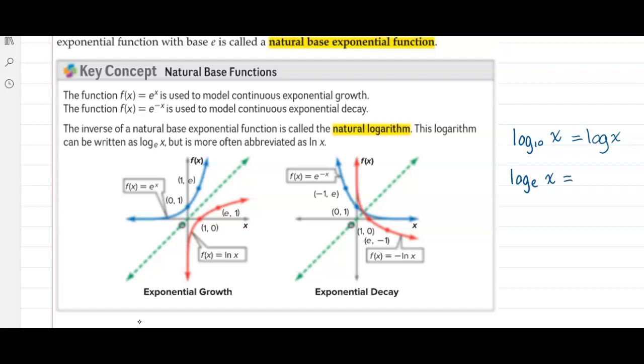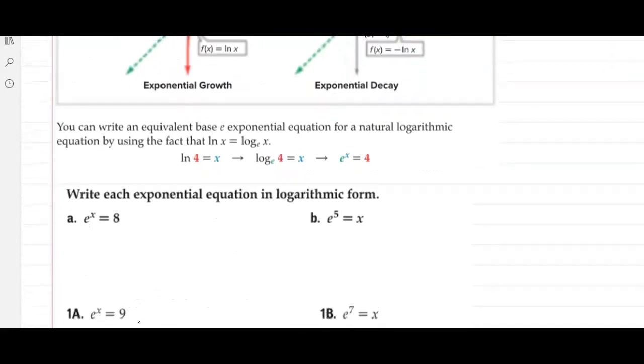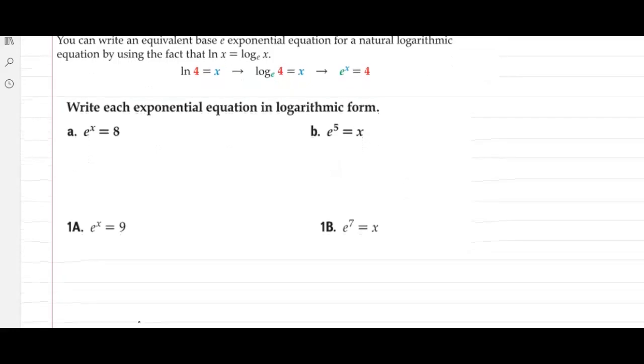Instead, I can just use natural log ln. I know it's kind of backwards, you'd think it would be nl. Natural log of x is the same thing. It's just a logarithm that has this special 2.71 number as its base. Doesn't mean anything different.